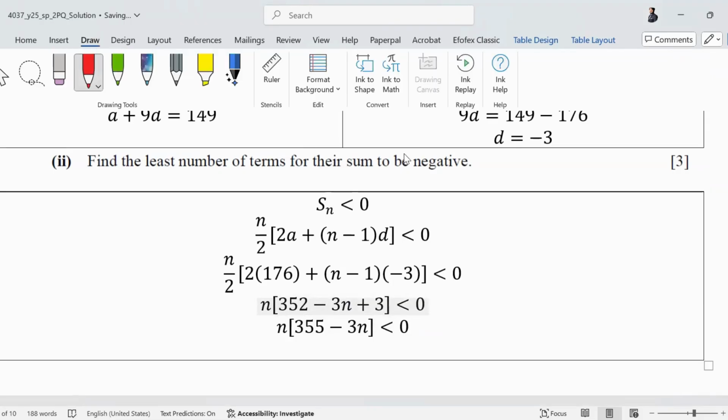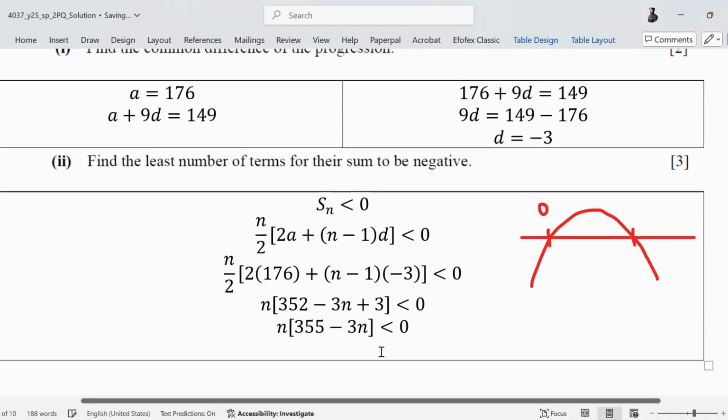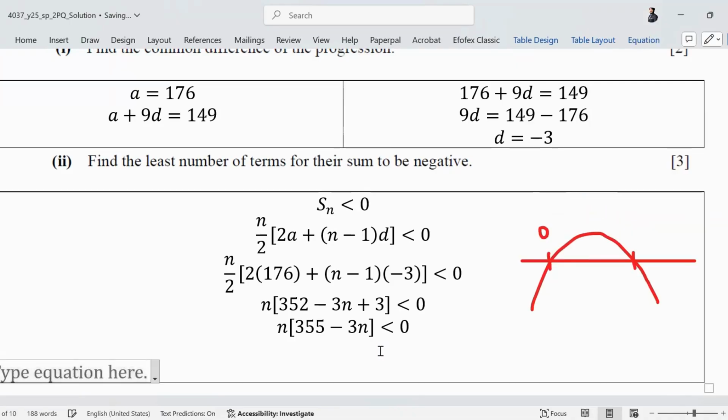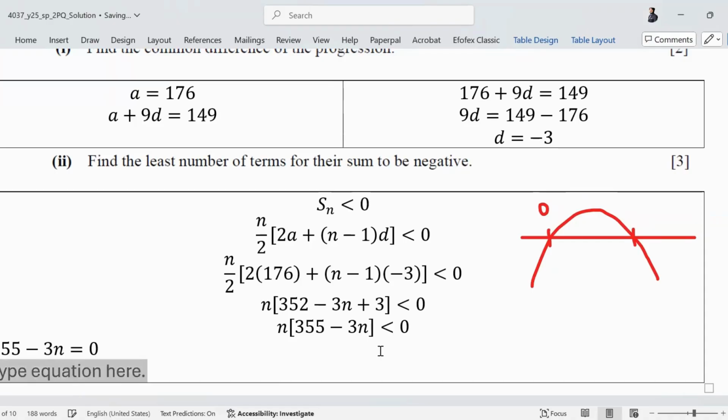This will have a sad face because the coefficient of n squared is negative, and if I find the critical values, one value is 0 and the other critical value is 355 minus 3n is 0.